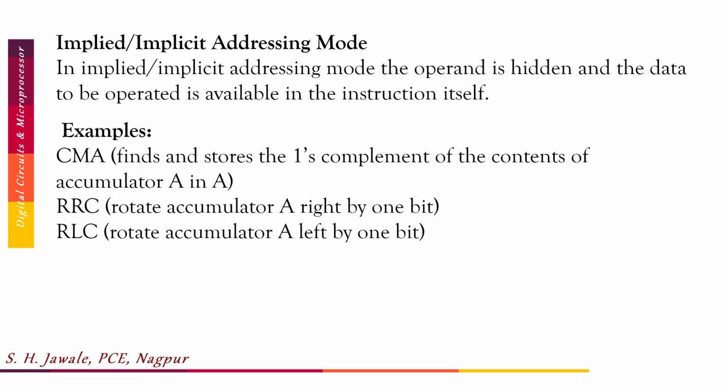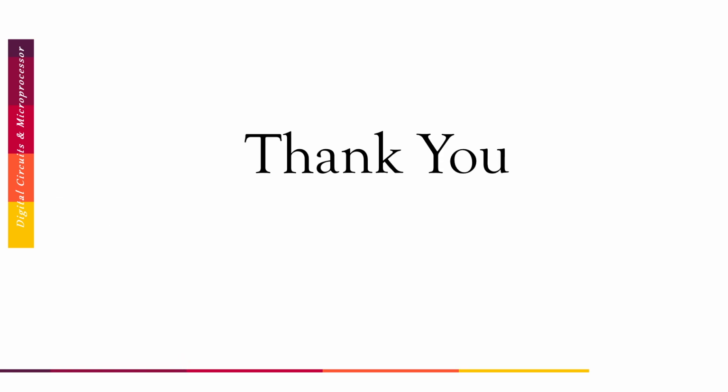Last example is RLC, rotate accumulator left by 1 bit. In this example also, your source of data and destination of result are fixed. This is called implicit or implied addressing mode. So these are all the 5 addressing modes of 8085.